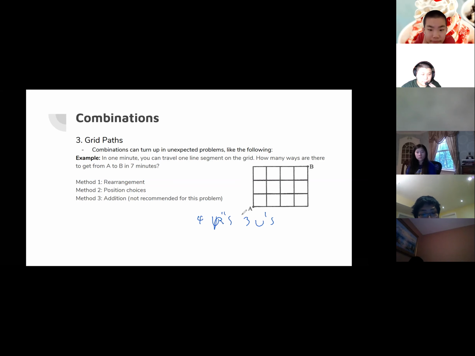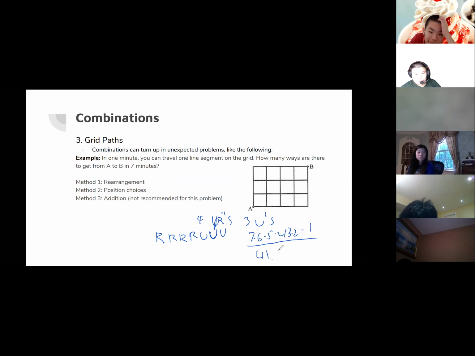So this just means: how many ways can we rearrange the letters R, R, R, R, U, U, U? As long as you have 4 R's and 3 U's, it doesn't matter the order, you still get to B. Using the formula from before, or just the logic, it's going to be 7 factorial, because that's the number of ways you can rearrange them, but you're overcounting each one by 4 factorial for the R's and 3 factorial for the U's.